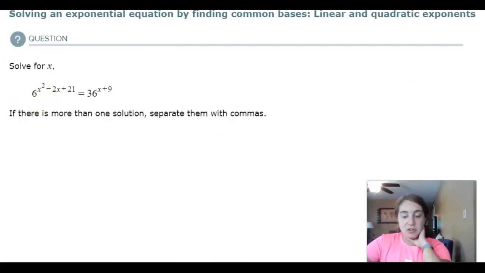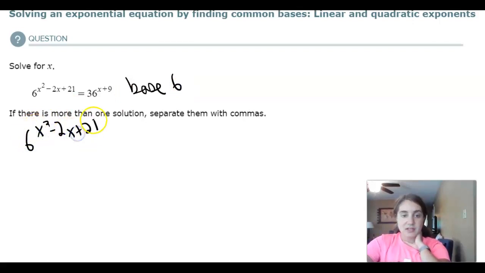I'm still going to follow my same process of rewriting with the same bases. 6 and 36 can both be base 6 actually, so I can keep this one as it is. Then I can set my exponents equal.